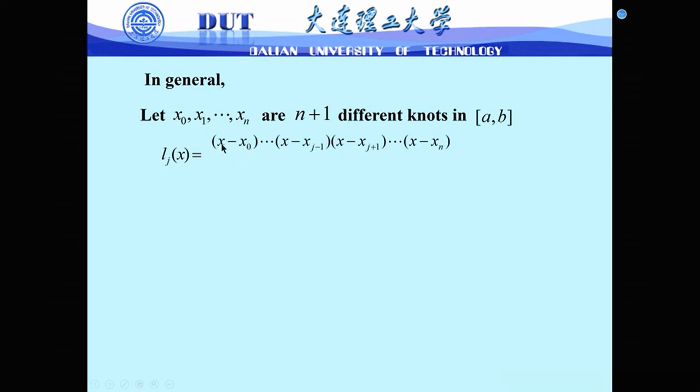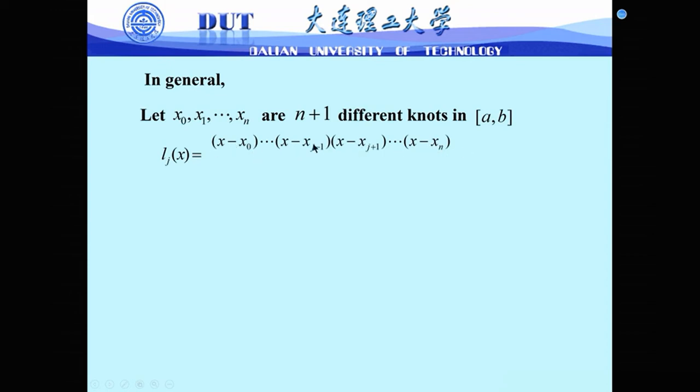So x minus x0, multiplied through to x minus x(j minus 1), then x minus x(j plus 1). Because this is j, we don't have x minus xj in the numerator. Then multiply by the last term, x minus xn. This is the general case.